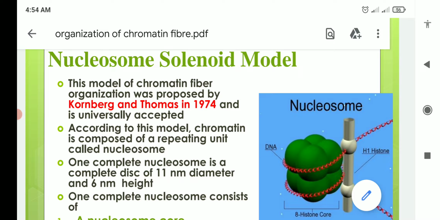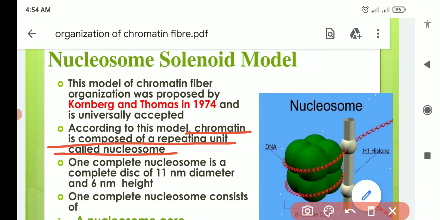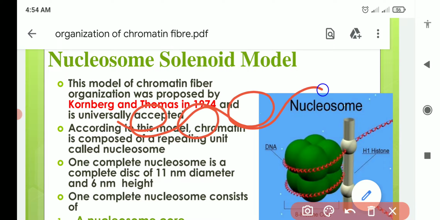According to this model, chromatin is composed of a repeating unit called the nucleosome. They describe that this chromatin fiber is formed of a repeating unit called the nucleosome. So one nucleosome, then a second nucleosome, then a third nucleosome, and so on. So the singular unit of this chromatin fiber is the nucleosome. How is this nucleosome formed, and what are its different components?